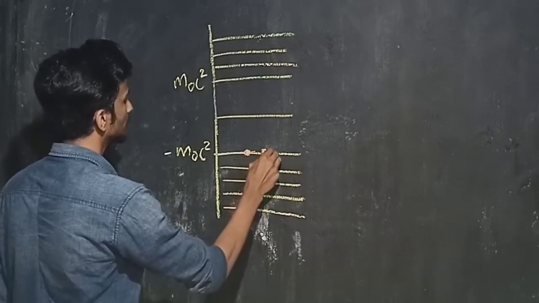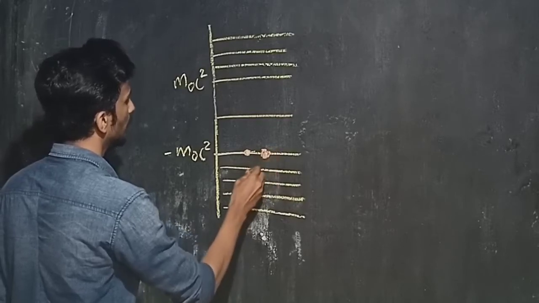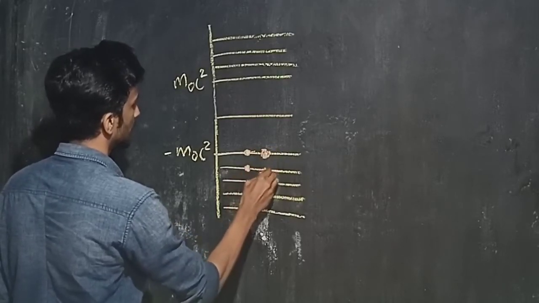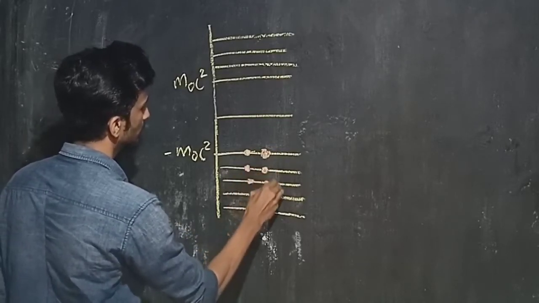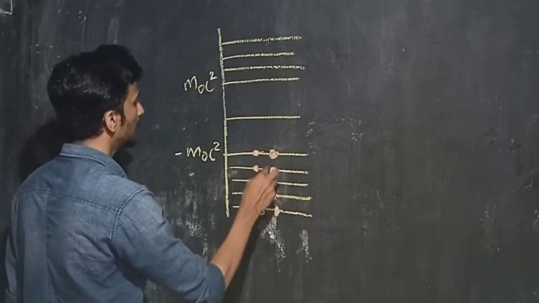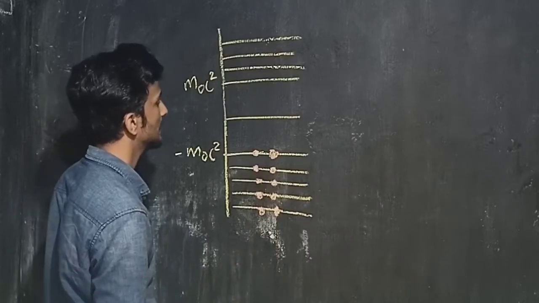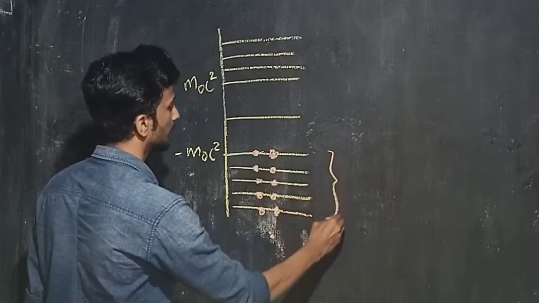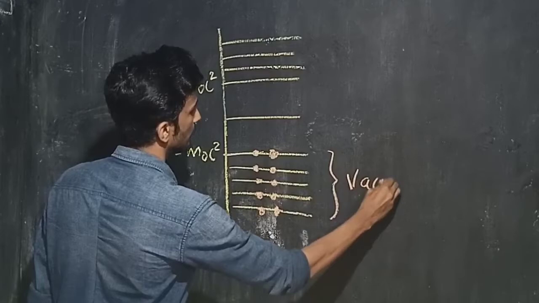Due to Pauli's exclusion principle, we can only accommodate 2 electrons in a particular state. So all these states are completely filled. And these completely filled negative energy states correspond to vacuum.